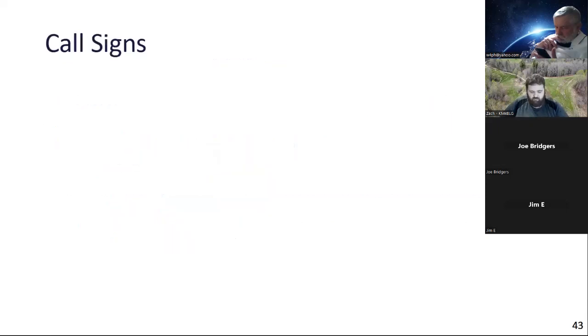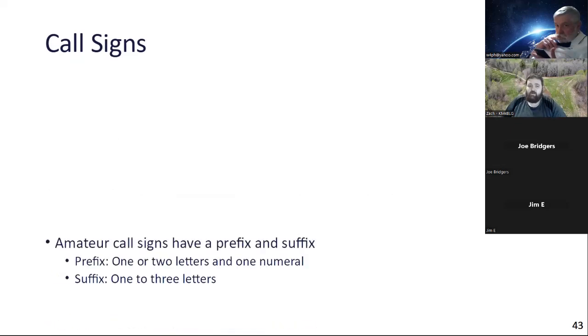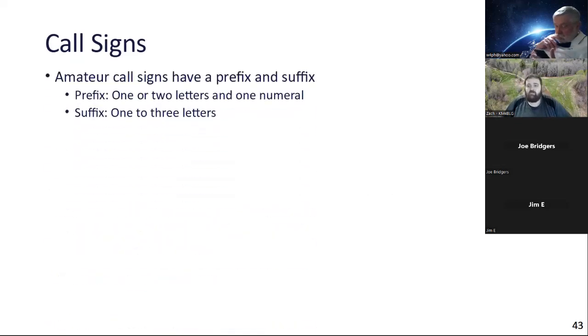So we've talked about call signs, and all your instructors have given you their call signs. Let's talk about what makes up a call sign. All amateur radio call signs have what's called a prefix and a suffix. Basically, any call sign is going to have a number, and the prefix is the letters before the number and including the number.